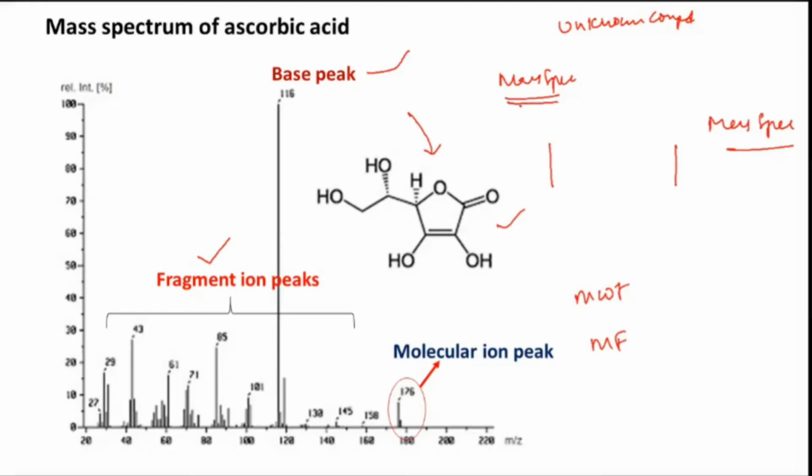Mass spec defines the molecular weight, that is one boundary. The second is the molecular formula, another boundary within which you have to think. In IR and NMR, what you get is a plus or minus, whether a functional group is there or not, but you will not get any quantitative information. That is the problem with IR.